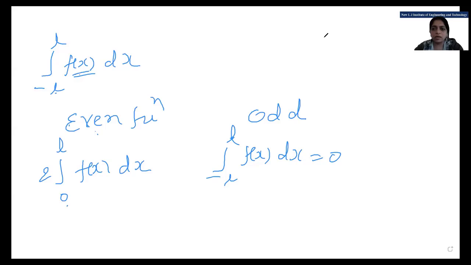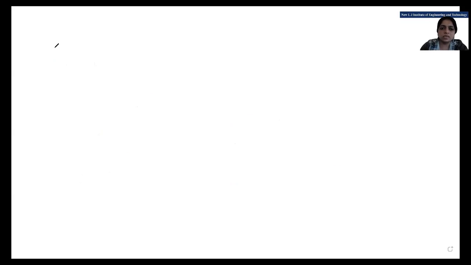See, that's why for yesterday's example, suppose f of x is x minus x square. Suppose the integration is from minus pi to pi, or minus L, or minus 1 to 1, anything.